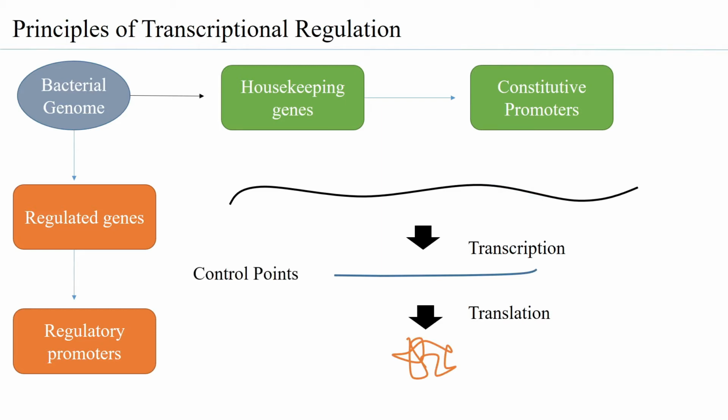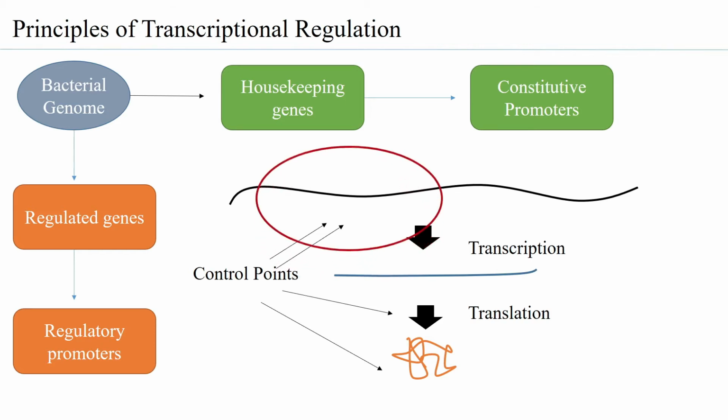So the control points of regulation are mainly at the start of the transcription, and then it is basically after the transcription is done during RNA processing, or also at the translation, before the translation begins. And of course, one can also see the control points post translation, where the protein can be degraded. If the cell does not require the proteins, they can be degraded. So that is also a point of regulation.